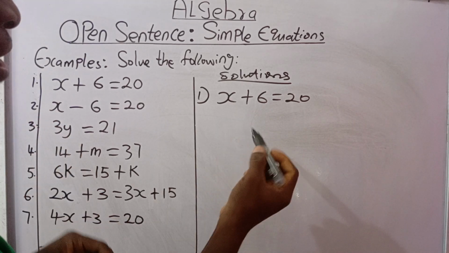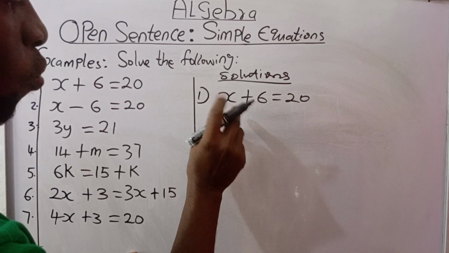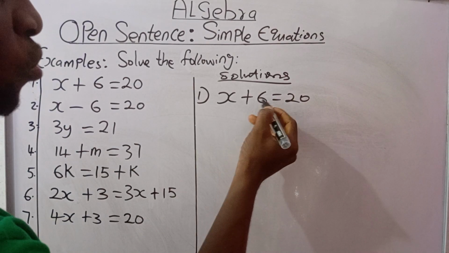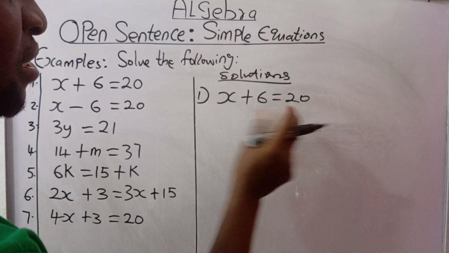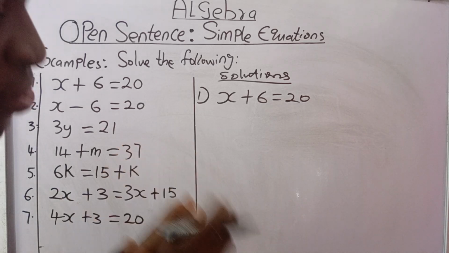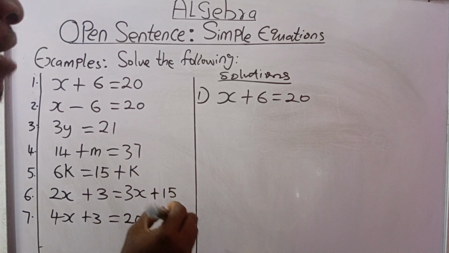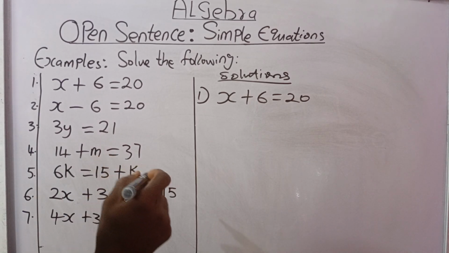Or better still, someone can say subtract the number you have towards that x, because we want x to stand alone. Since you have plus 6 here, you subtract 6 from both sides. And when that is done, then you'll be able to have x standing on its own. And that will give you the answer. That will gain a balance of this particular equation that we have here.